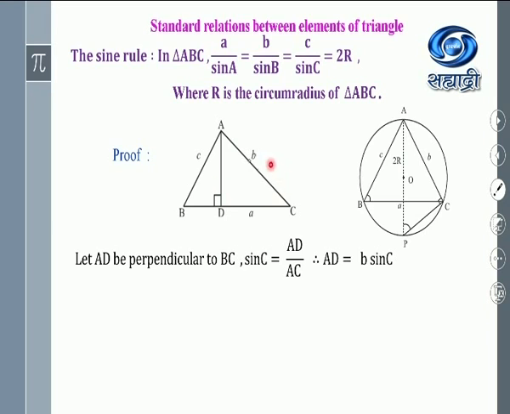In the second right angled triangle, find sin C. This is angle C. Sin C is opposite side upon hypotenuse, that is AD upon AC. But AC is nothing but small b, the length. So we replace AC by b and cross multiply with sin C, and we get AD equal to b sin C. Clear?